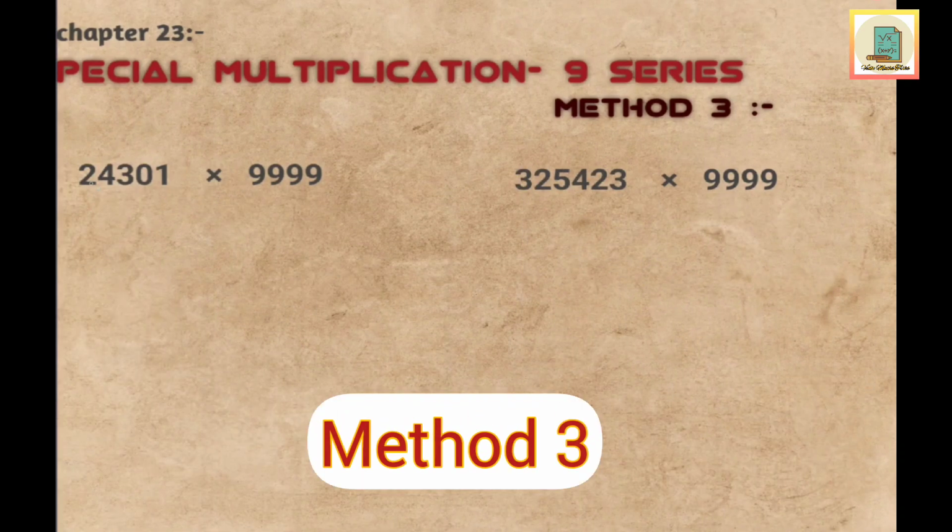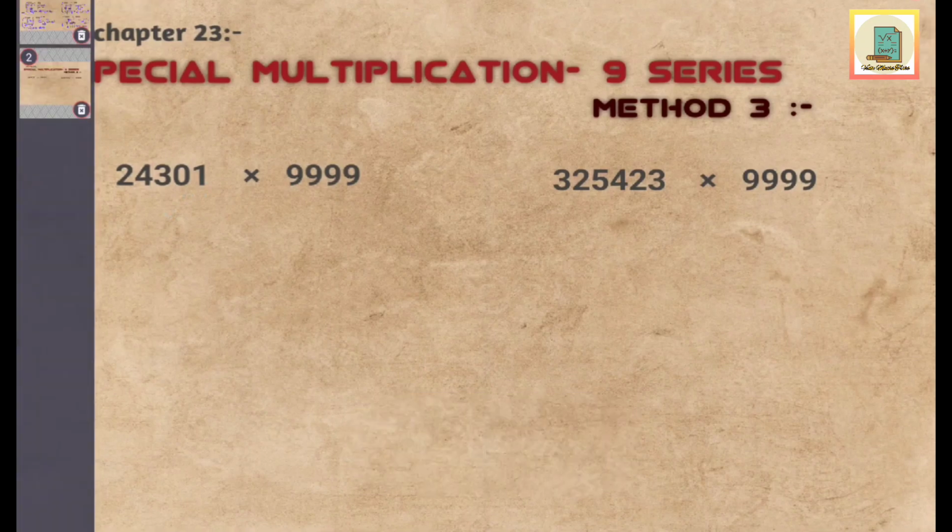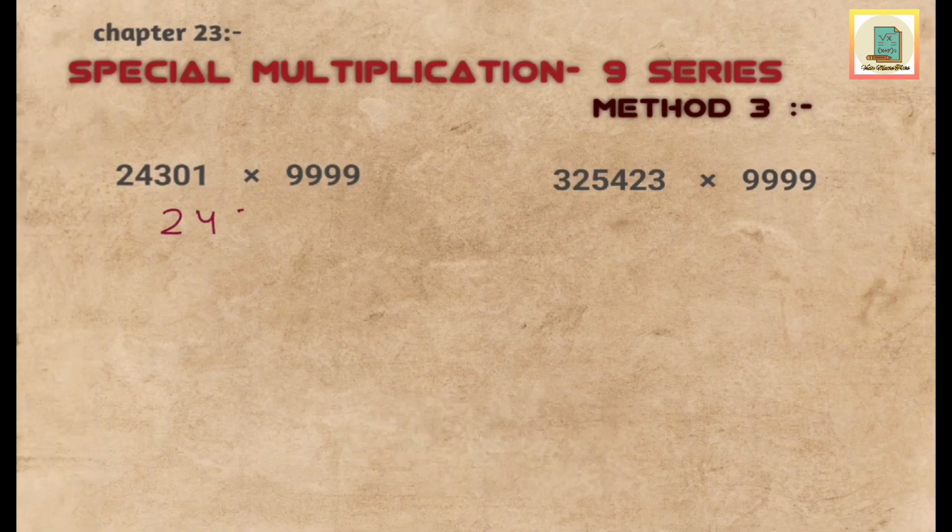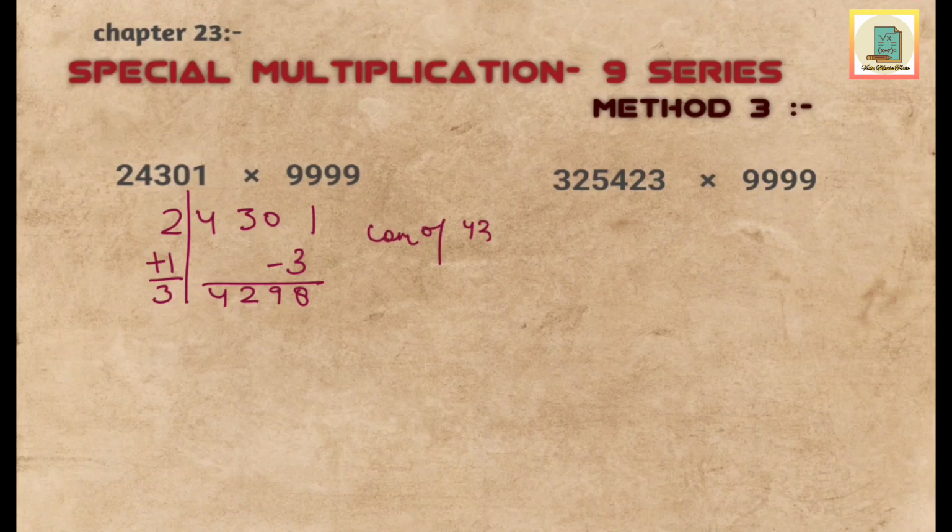So here as we can see the number is 5-digit and the nines are 4. So write the number as it is. It will be 24301. Now the nines are 4. So leave 4 digits from the right and put a partition. Now here add 1 to 2, which we get 3. So minus 3 here. So we get 4298. And we will take the complement of 4301.